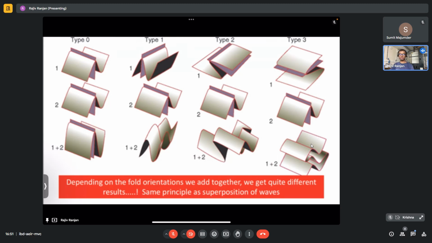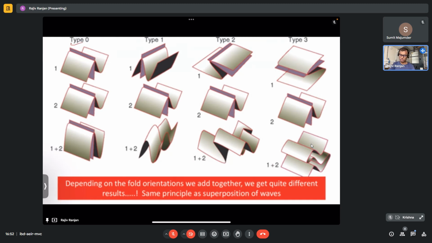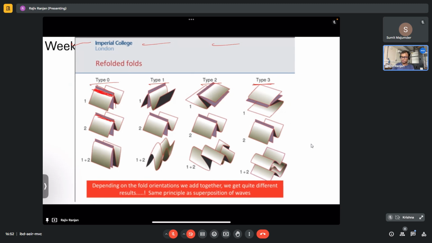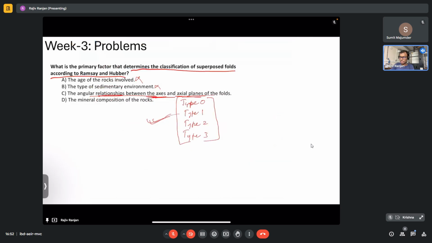So this is type 0, type 1, type 2, and type 3. You can see it's based on these angles: the hinge line angle, the plunge, and the axial plane. That is why we'll do some more problems, and then you will understand the angular relation between the axes and the axial planes.